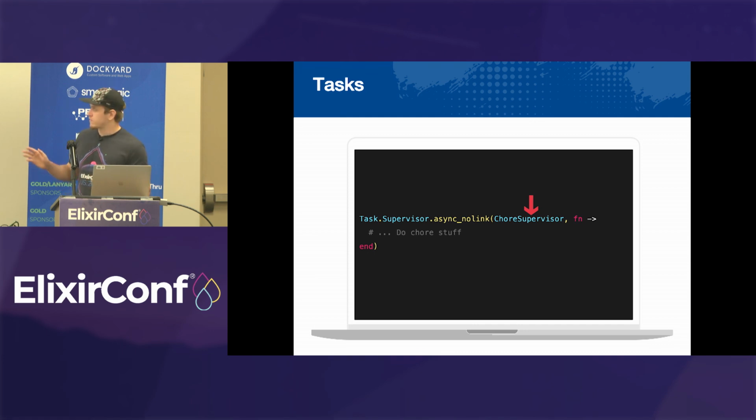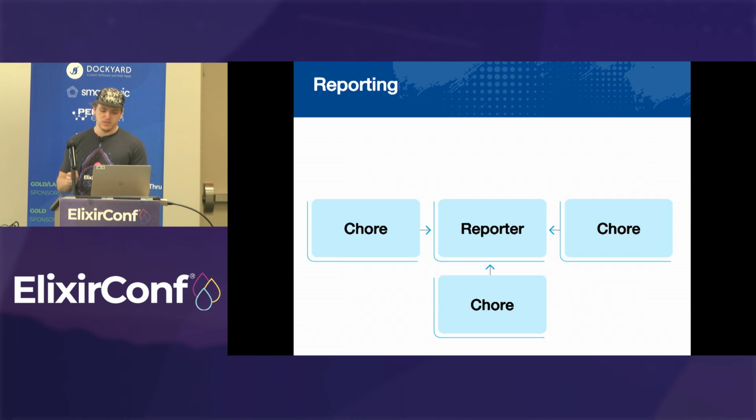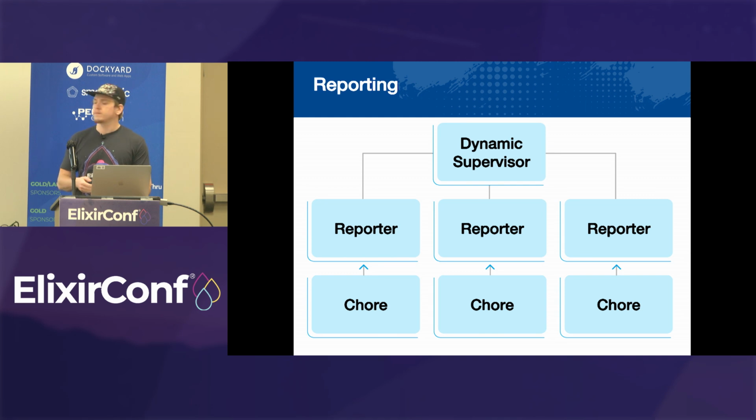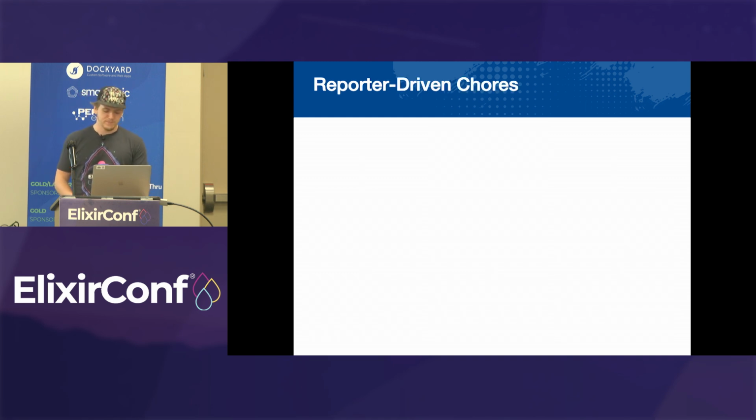This is only one half of the puzzle, though, as we need a separate dedicated process to receive these messages. One way we could approach this is using a dedicated worker process, which reports on all chores across a node. But instead, I opted for a more dynamic solution of starting one GenServer per chore. But we still need these reporter processes to be supervised. So we can use a dynamic supervisor to start and supervise them, at least until we want them to die.